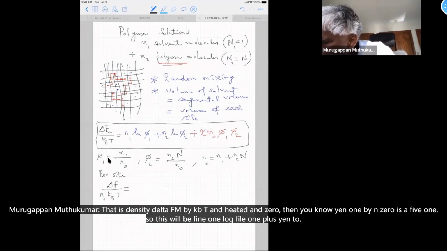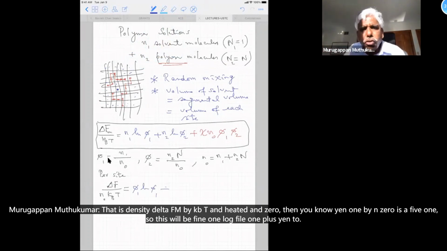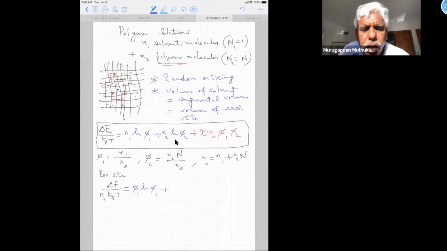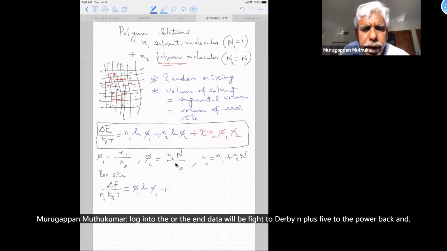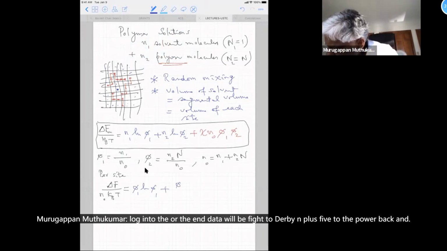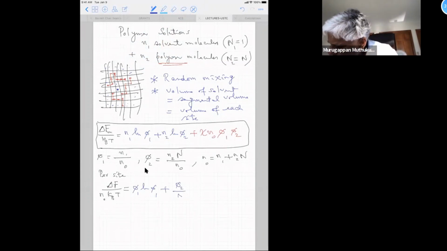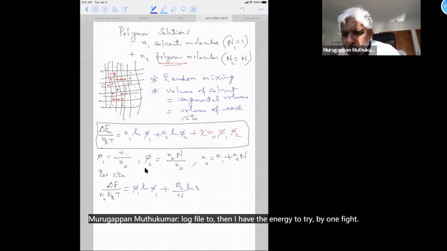So this will be phi 1 log phi 1 plus N2 log phi 2. N2 divided by N0 would be phi 2 divided by N, plus phi 2 divided by N log phi 2. And then I have the energy term, chi phi 1 phi 2.